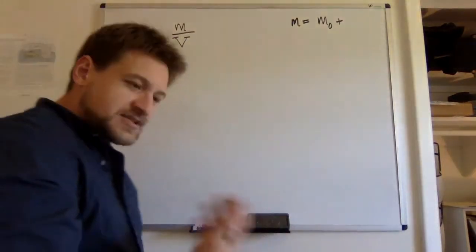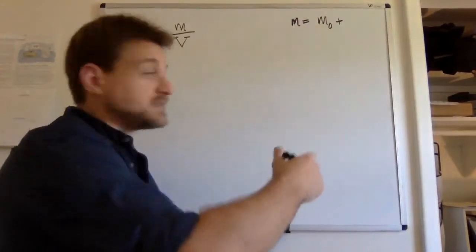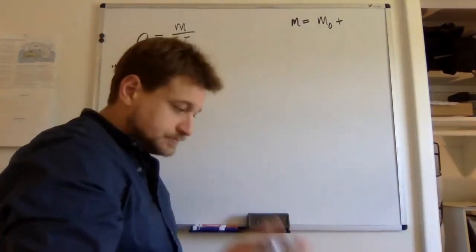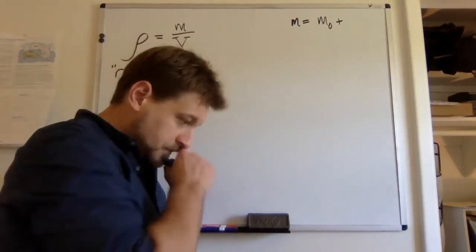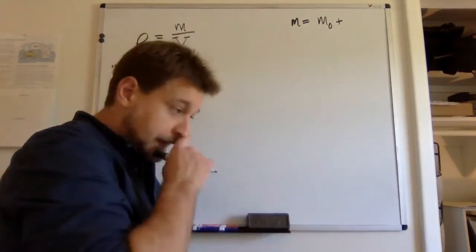Suppose that we're using a digital balance and we've got 3 decimal places, 17.000 grams. And it's going to round to that 3rd decimal place.